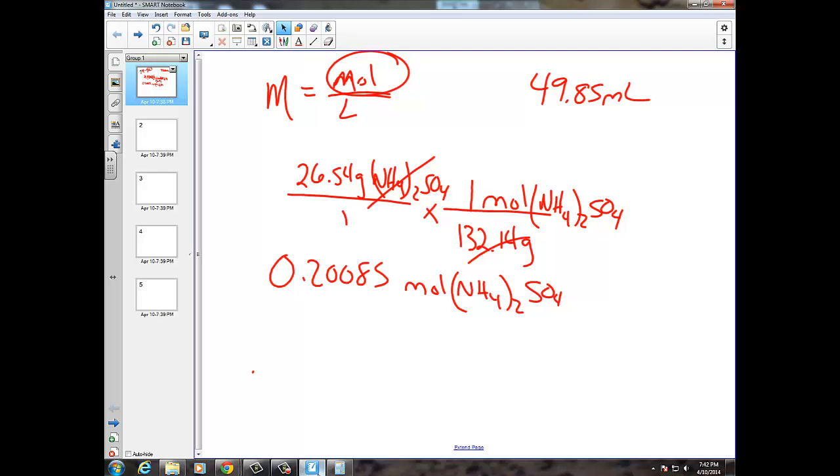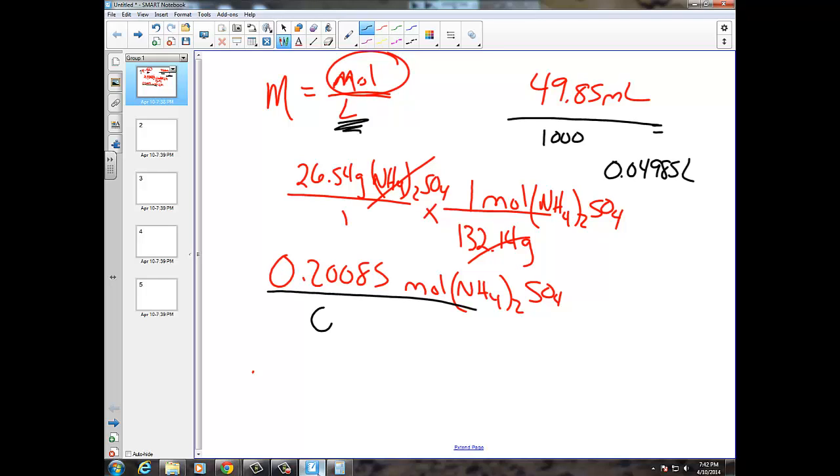If it's not in liters, it's not going to work because that's what the equation calls for. So I've got to change this into liters. I'm going to divide by 1,000, and that's going to equal 0.04985 liters. Move the decimal 3 times over. That's my liter value. That's the number that goes here.